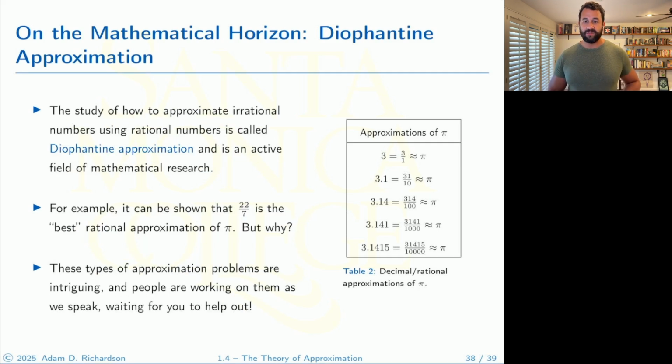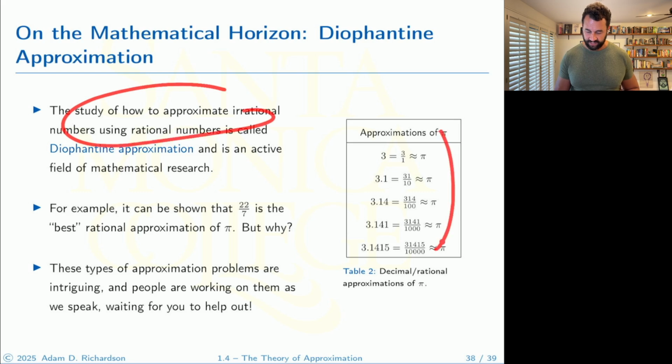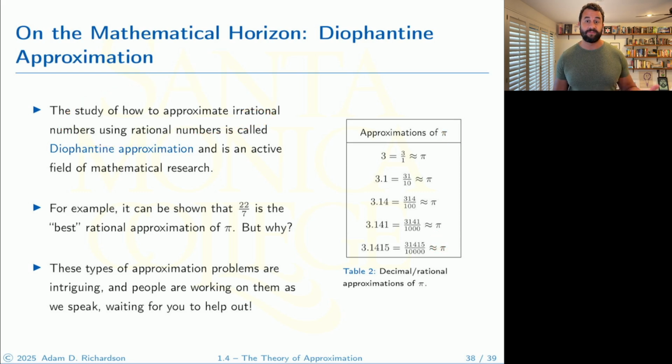Okay, so the study of how to approximate irrational numbers using rational numbers like we're doing here is called Diophantine approximation. It's an active field of mathematical research today, right? So here's an interesting result. It can be shown that 22 over 7 is the quote best rational approximation of pi. But why? Why is that the best, right? That's Diophantine approximation.